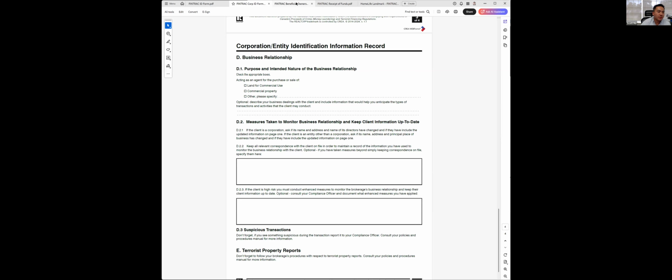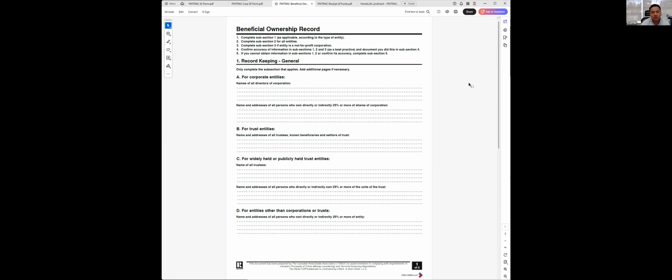So I think when you're dealing with a corporation, it's a bit more involved because there's obviously the company itself, which is your client, but then there are the individuals behind the corporation that are giving you instructions, telling you what to do. So that's why the beneficial ownership record comes into play.